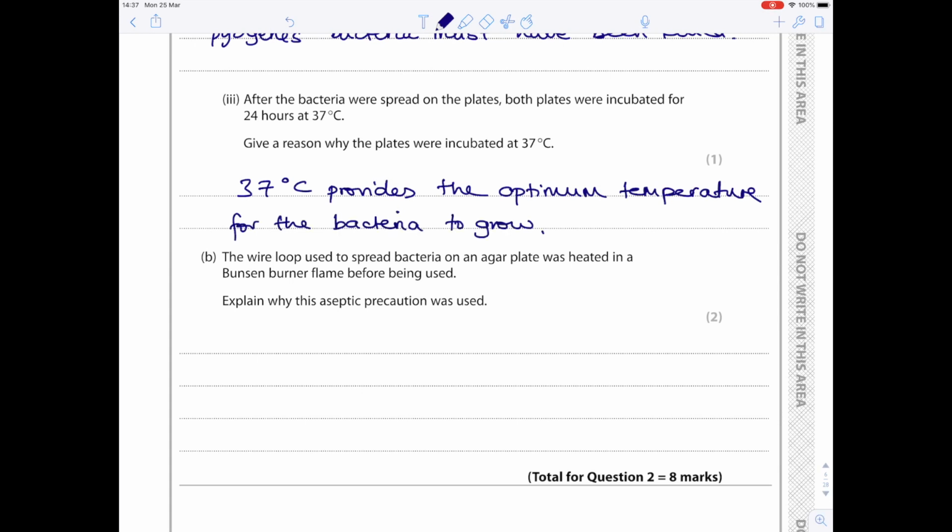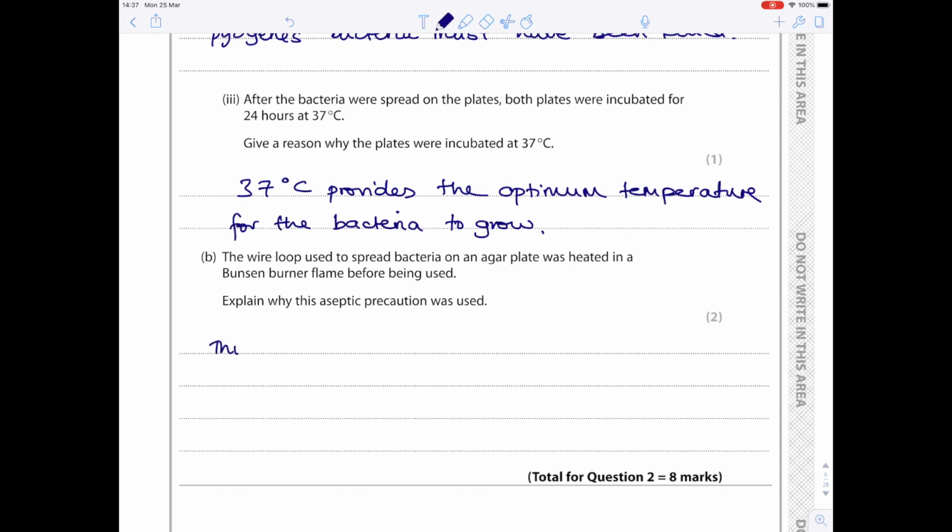The wire loop used to spread bacteria on the agar plate was heated in a Bunsen burner flame before being used. Explain why this aseptic precaution was used. Basically, you want to heat it in that Bunsen burner flame to kill any other microorganisms which could interfere with our experiment. And then this will ensure that only the desired bacteria, so the Streptococcus pyogenes bacteria, are transferred to the loop and no unwanted pathogens are spread on the agar plate.